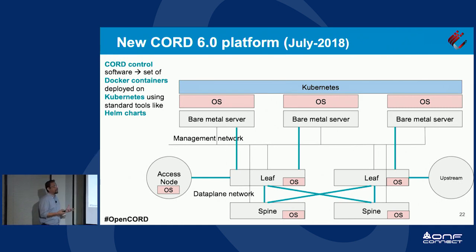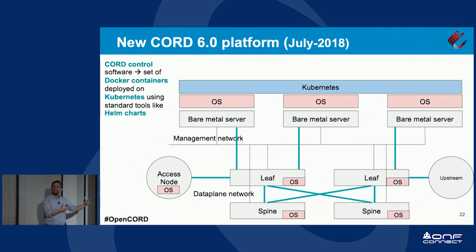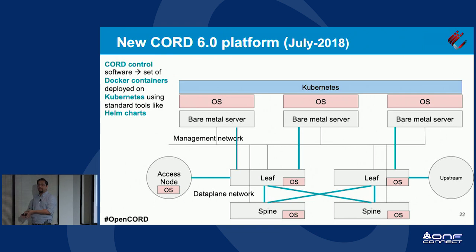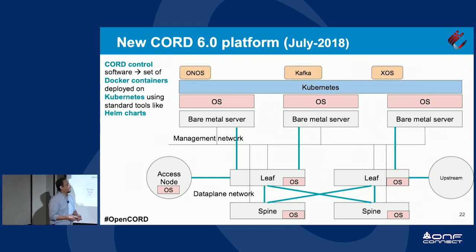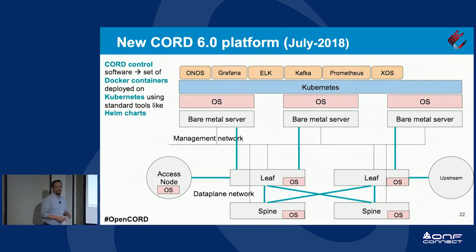So for example, if the Akraino project has a way of installing the operating system and the Kubernetes and all of that is being handled by the Akraino project, SEBA can essentially be a blueprint that runs on top of Akraino. So we install the CORD platform, so it's ONOS, it's XOS, and it's Kafka, plus a number of monitoring software that we use like Prometheus, Grafana, the ELK Stack, and so on.